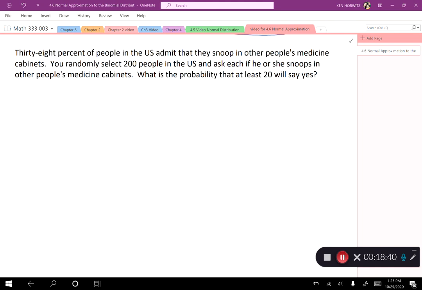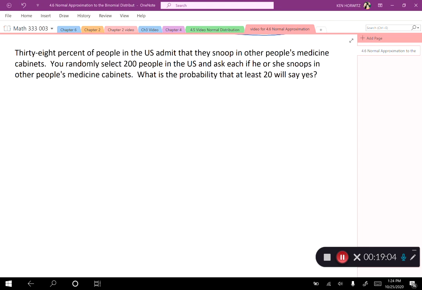Now, I wouldn't be me unless I added at least one problem with a little context to it. So here it is. 38% of people in the US admit that they snoop in other people's medicine cabinets. You randomly select 200 people in the United States and ask if he or she snoops in other people's medicine cabinets. What's the probability that at least 20 will say yes?